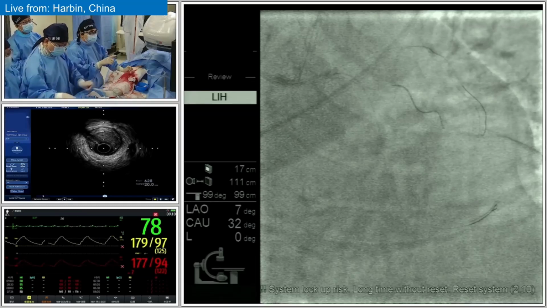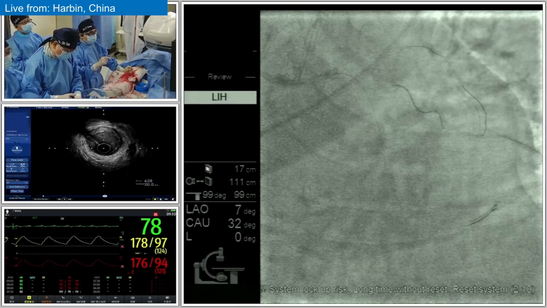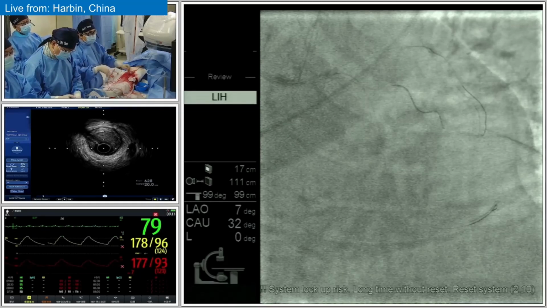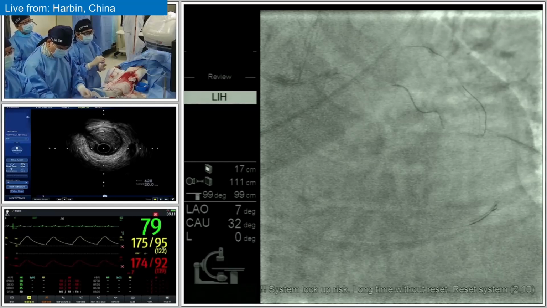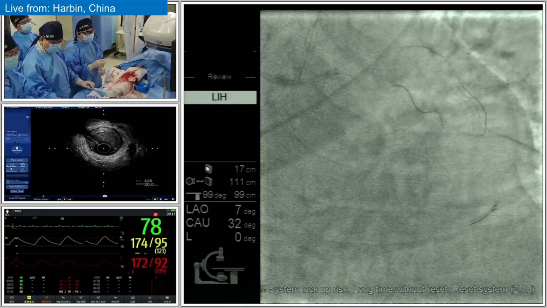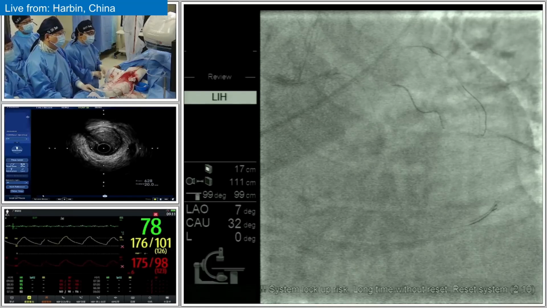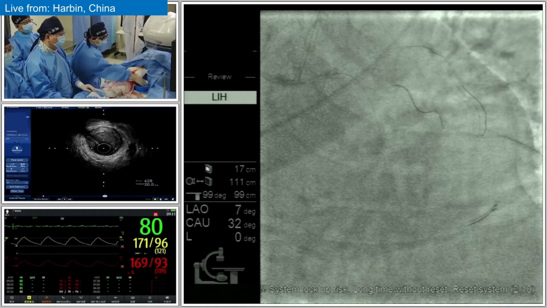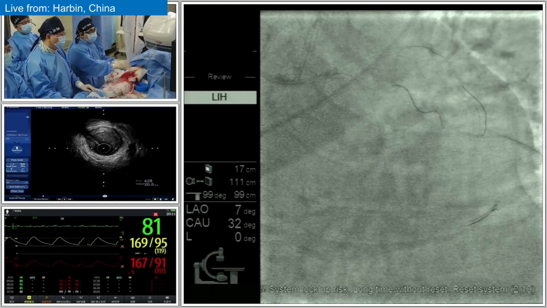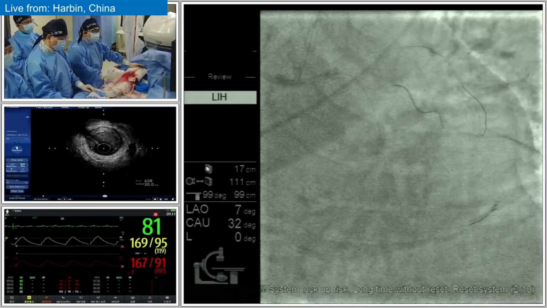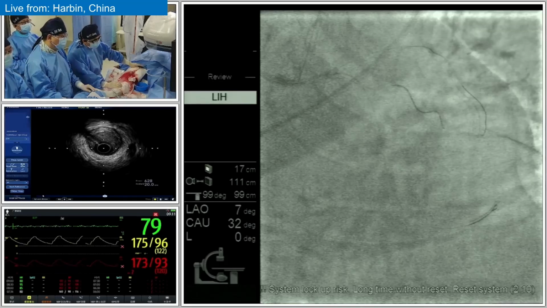As we know, for the tapered proximal cap, usually we choose a softer tapered tip with a polymer jacketed wire. For this case, we choose the Fielder XT-A for the first choice.